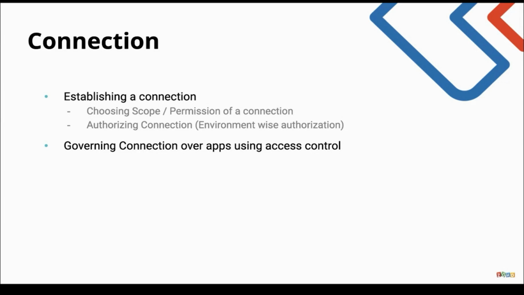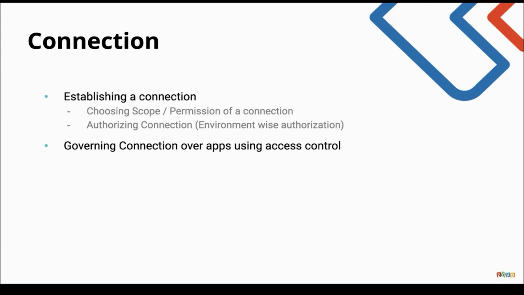And then comes the governing of connections. Once the connection has been created, we have to get into the access control and provide access to all the applications which are supposed to use those connections. The reason we have this access control is to make sure that the resources are being used properly, so that unwanted applications don't use excess of these resources, and the usage of this connection can be understood from one single place.